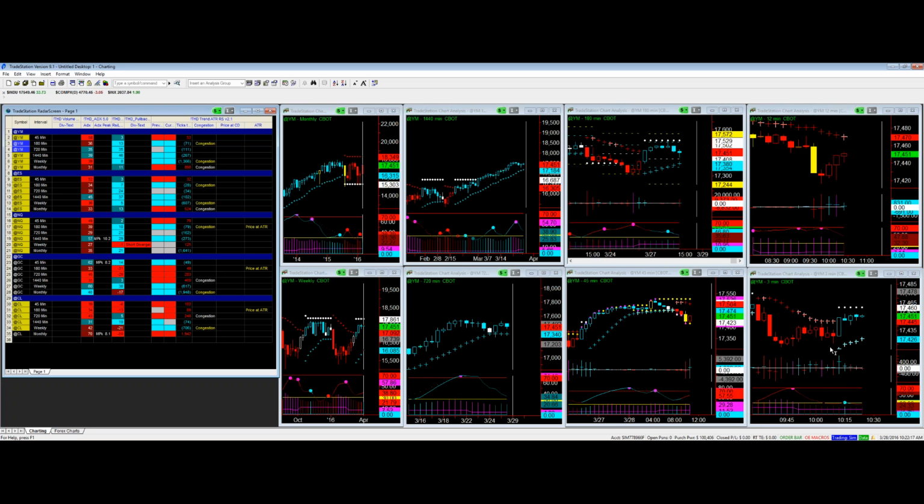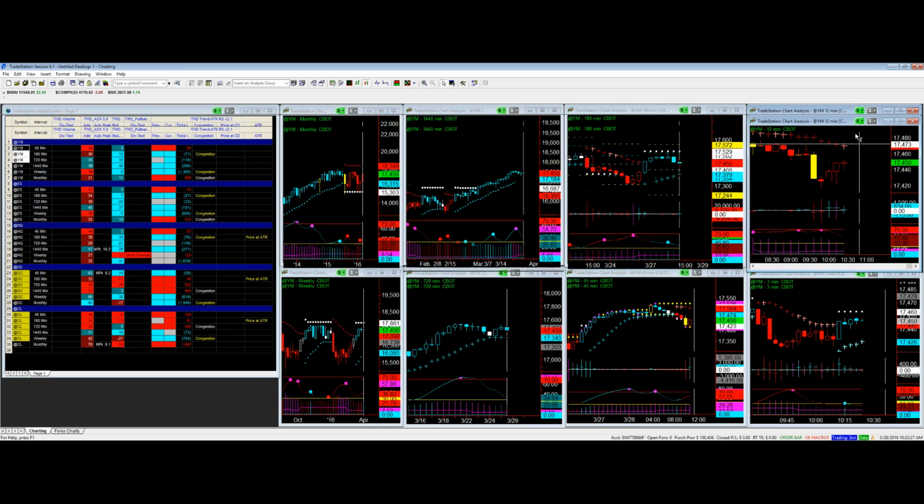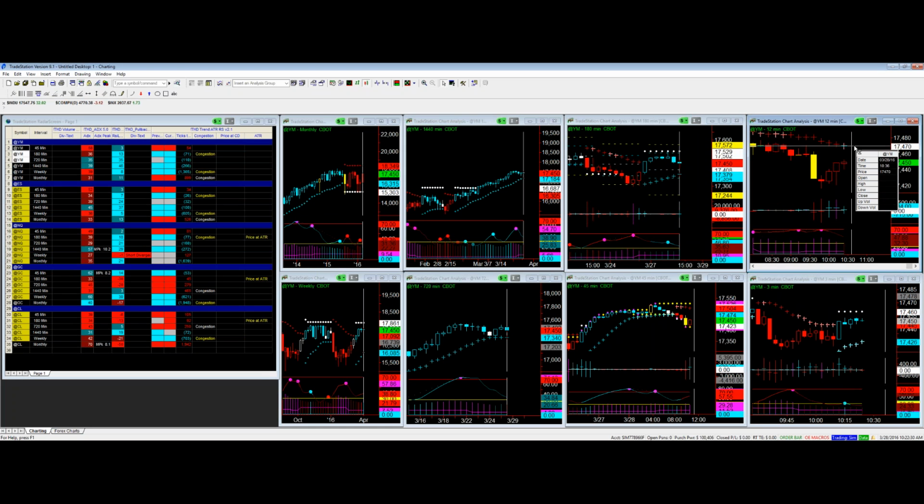The Dow is actually doing what I anticipated. Do you see how this is at 17,460? ATR is at 17,470. So this congestion dot is within 10 ticks of the ATR on the 12 minute.